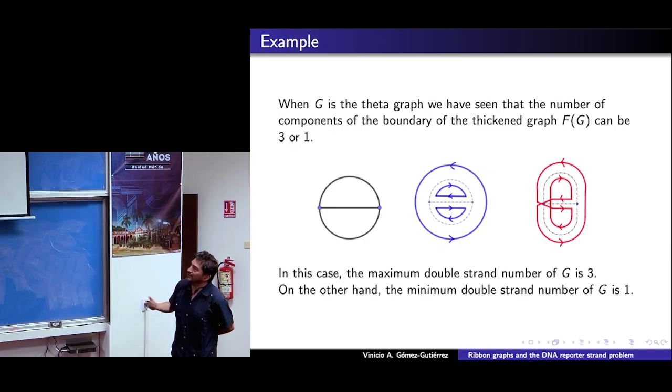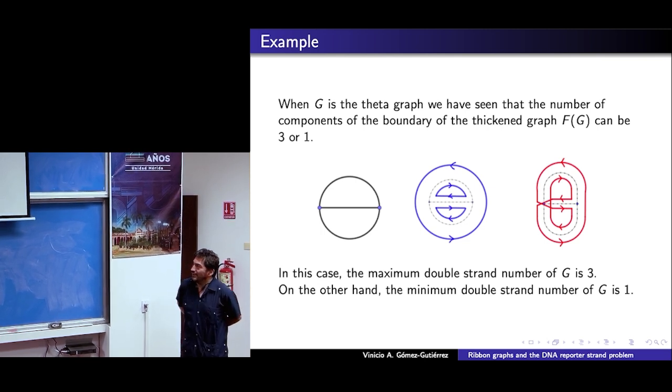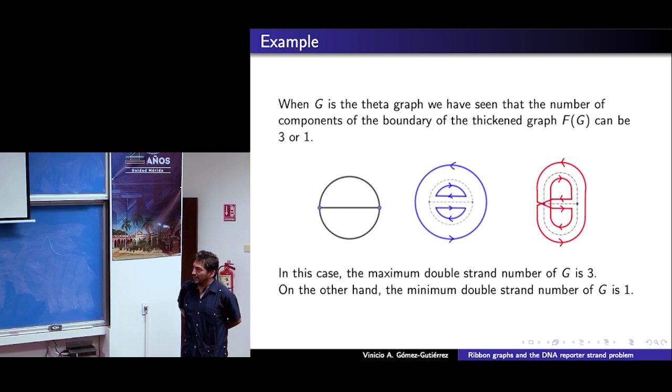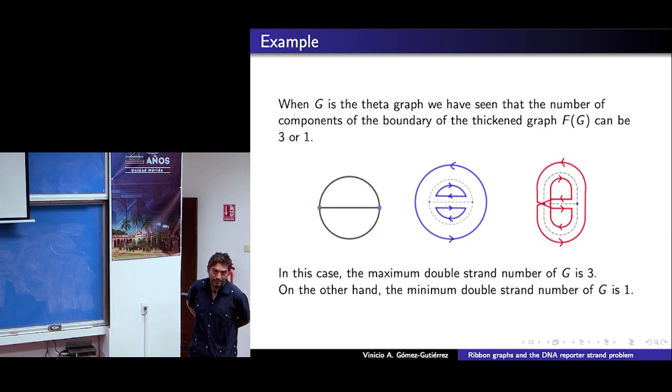Example. When G is the theta graph, we have seen that the number of components of the boundary of the thickened graph can be 3 or 1. In this case, the maximum double strand number of G is 3. On the other hand, the minimum double strand number of G is 1.